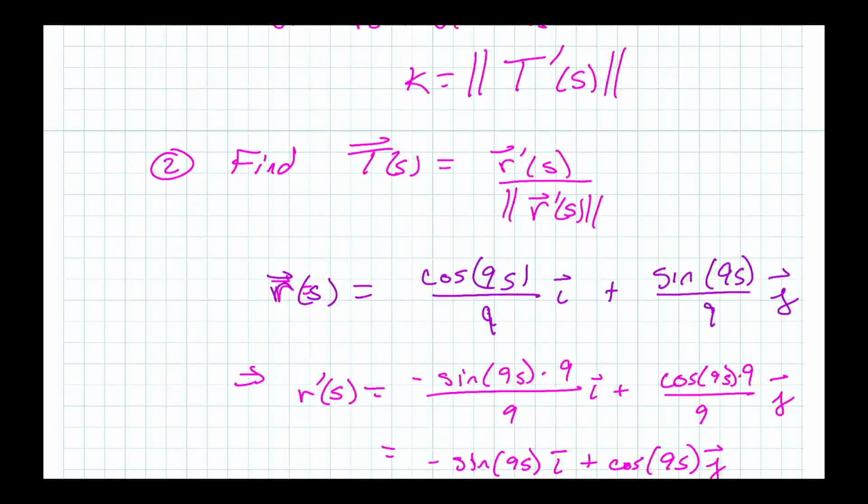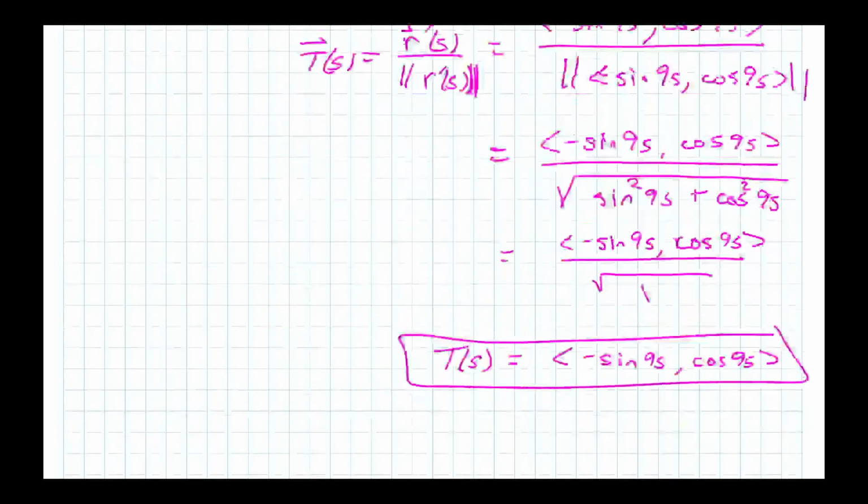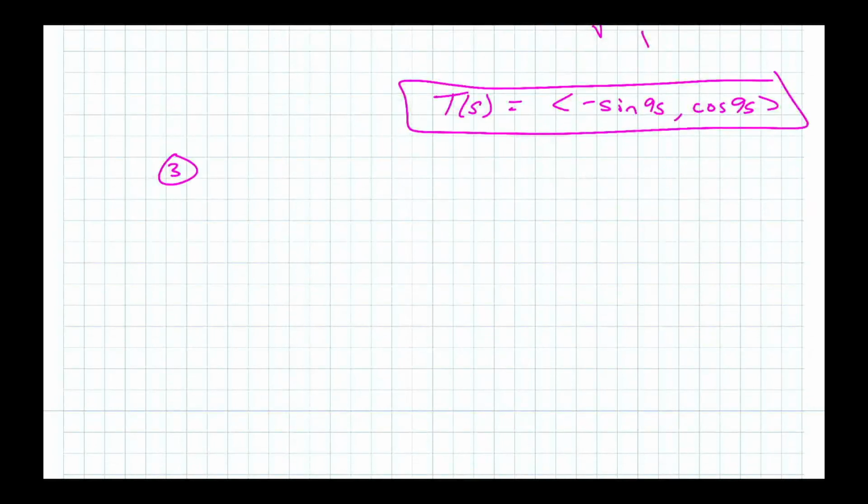So what do we need now? After we find the T, we're going to need this formula, which is the magnitude of T prime. So the formula for curvature is this: kappa equals the magnitude of T prime.